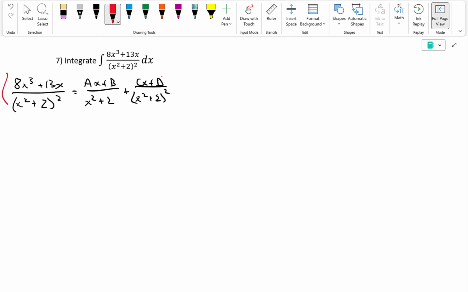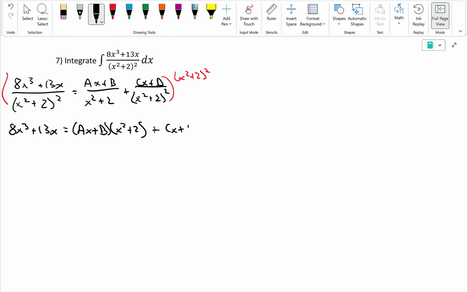And so when we multiply by our LCD, (x^2 + 2) squared, we get 8x^3 + 13x equals (ax + b) times (x^2 + 2) plus (cx + d). So I already had the whole denominator.